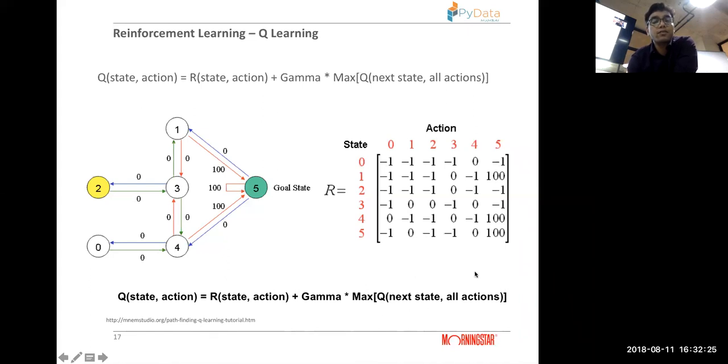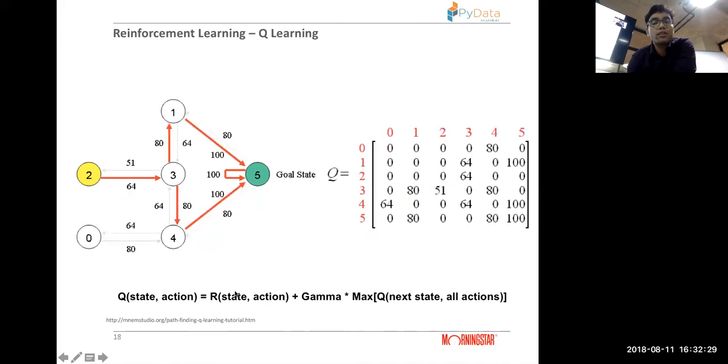So that's the future reward plus the reward that I'm going to get. When you run this Q algorithm on this, ultimately you will come up with a Q table like this, and this represents the value that you're going to get from transitioning from one state to the next room that you can go.